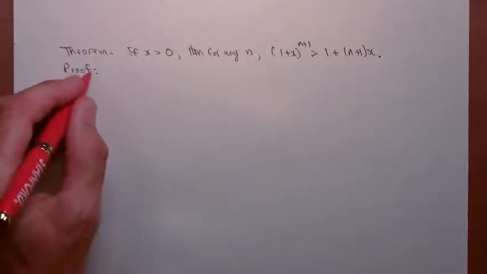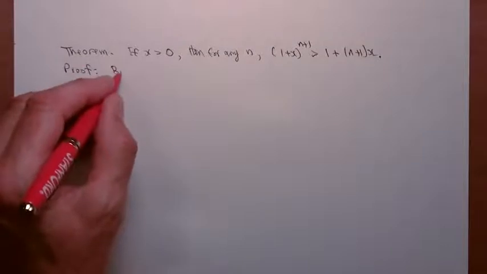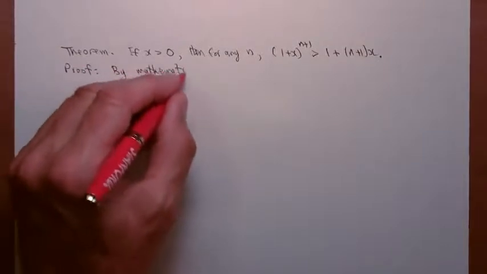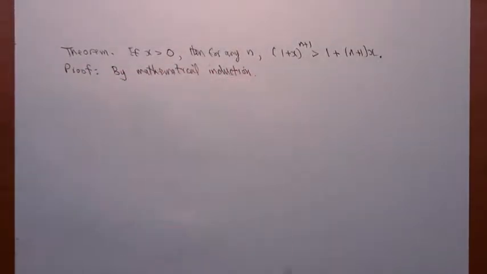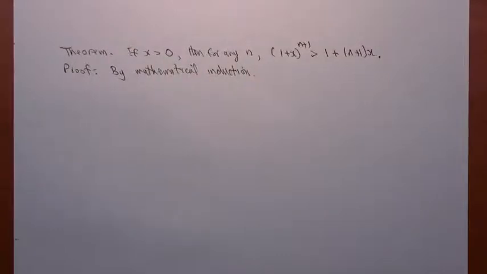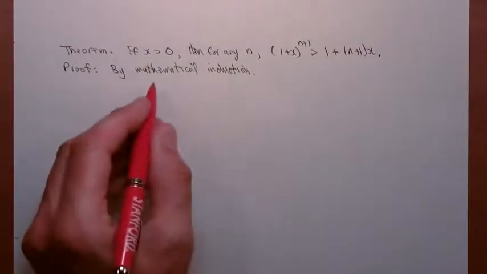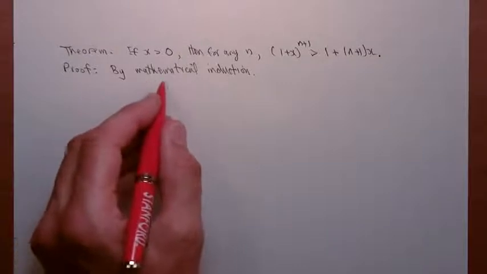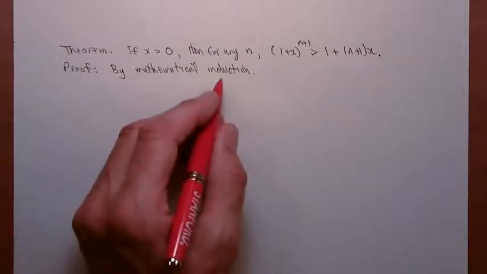So here's the proof. I'm going to begin by stating the method I'm going to use. It's mathematical induction. Since one of the purposes of proofs is to explain why something is true, it's always a good idea to begin by stating the method you use. That orients a reader to the argument that's about to come.